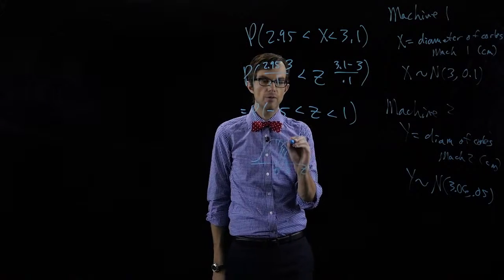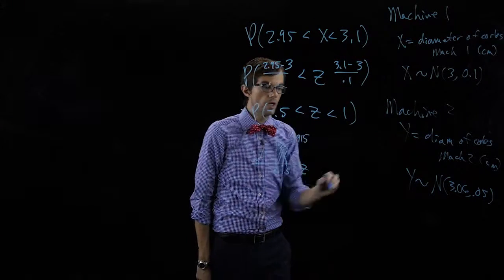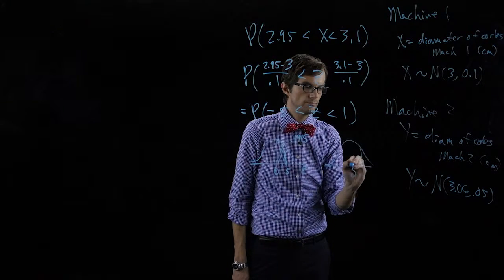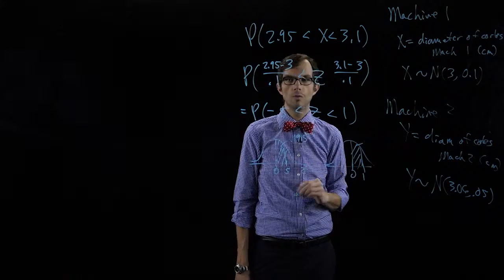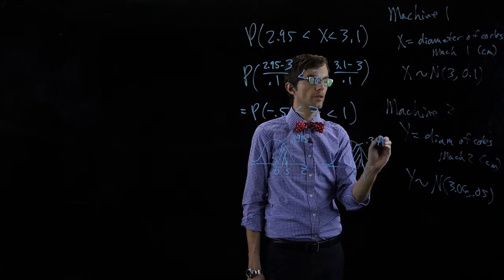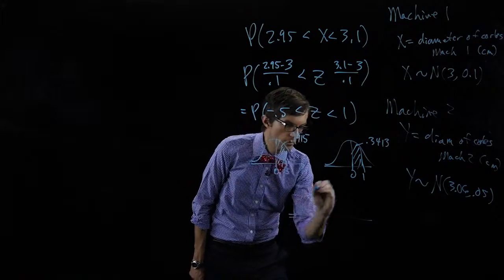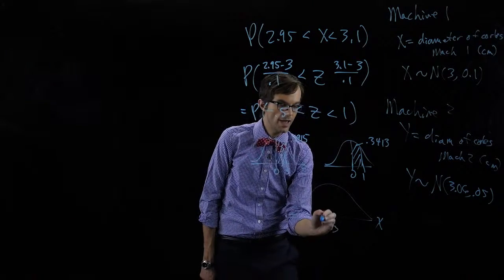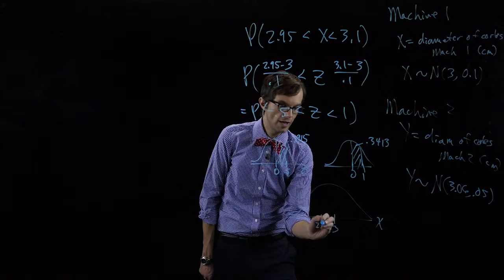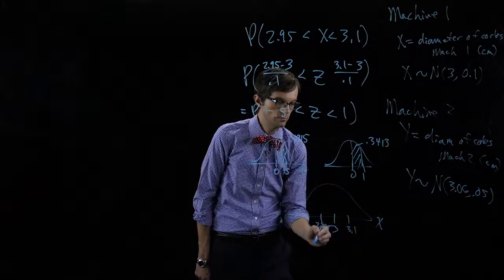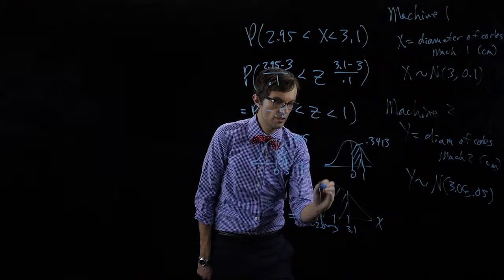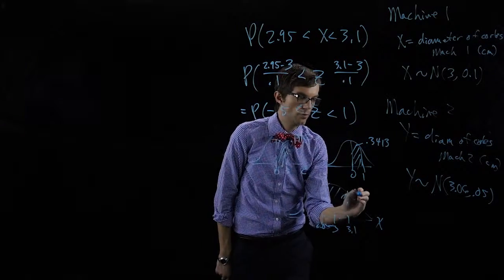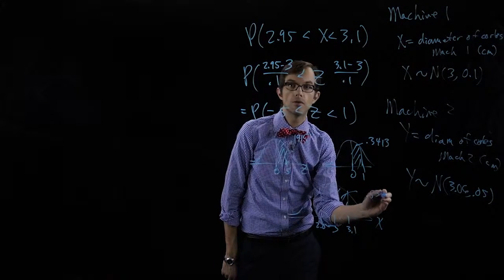That area happens to be 0.1915. And if we look up the area between 0 and 1, we get a value that is 0.3413. So the probability that x is between 2.95 and 3.1, the probability of an acceptable cork from machine 1, is the sum of these 2 probabilities, which is 0.5328.